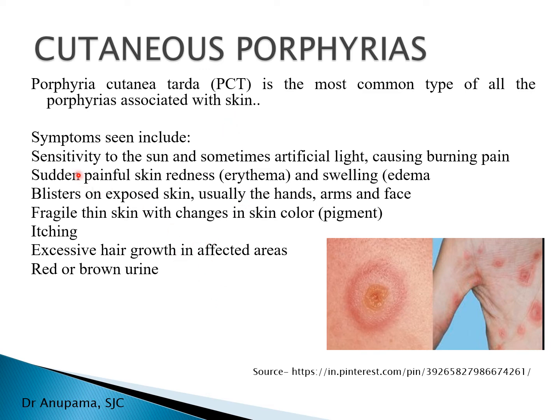Symptoms include sensitivity to sun and sometimes artificial light, which can cause burning pain, sudden painful skin, redness of skin like erythema, swelling, edema, blisters on exposed skin, usually hands, arms, face, fragile thin skin with changes in skin color like pigmentation change, itching sensation, excessive hair growth in the affected area, and as usual red or brown urine.